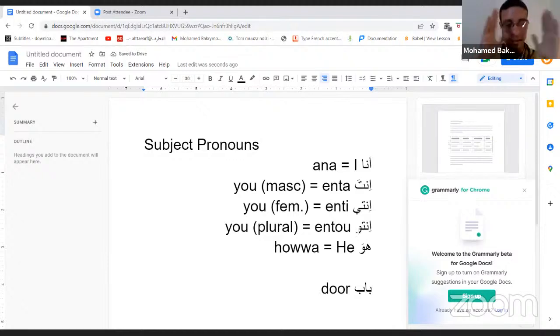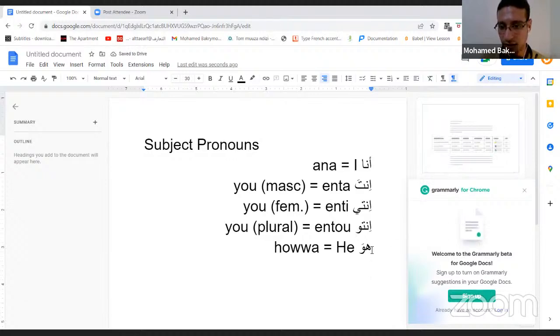So even an object like a door has a gender, it's he. So I would use huwa with bab. So huwa, he. We have this letter ha, and then waw, and then we have this small inclined character, which means that there is a at the end.